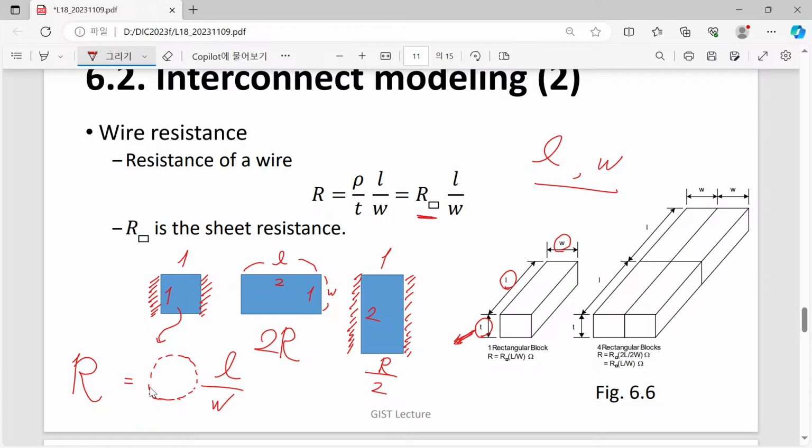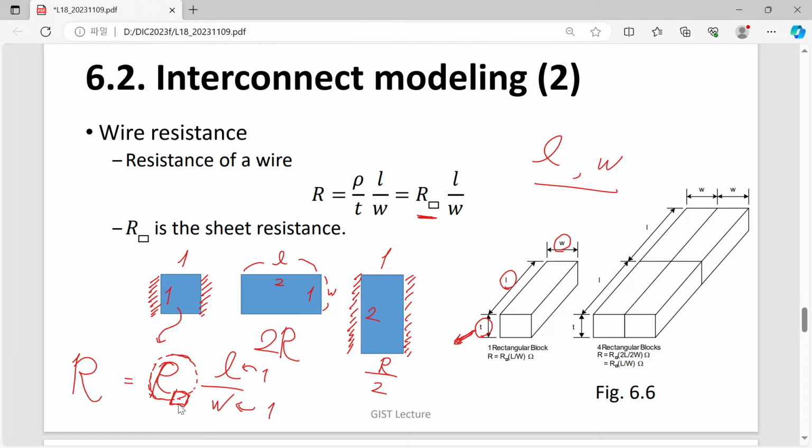What will be the coefficient? The easiest way is to introduce unit length and unit width. Then you will have a certain amount of resistance measured.